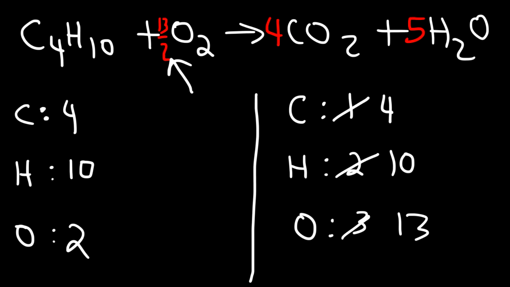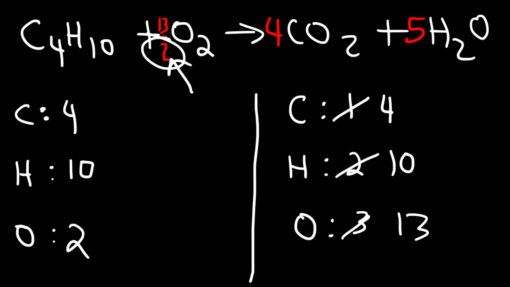And if you ever get to this point where you have 13 over 2, a fraction, or 6.5, a decimal, what you need to do is multiply by a certain number. In this case, whatever the denominator is, you want to multiply it to get rid of that fraction.